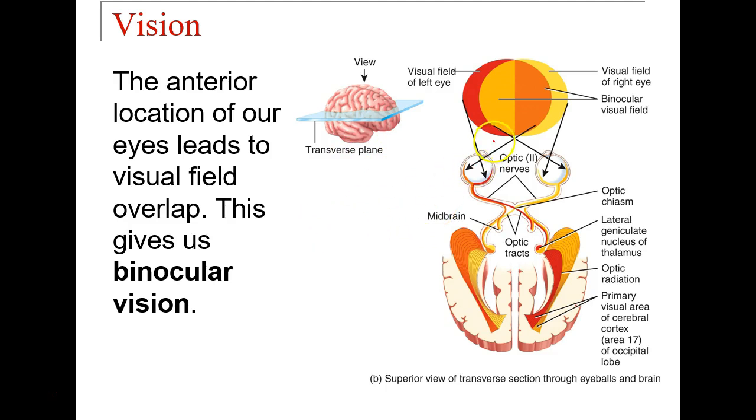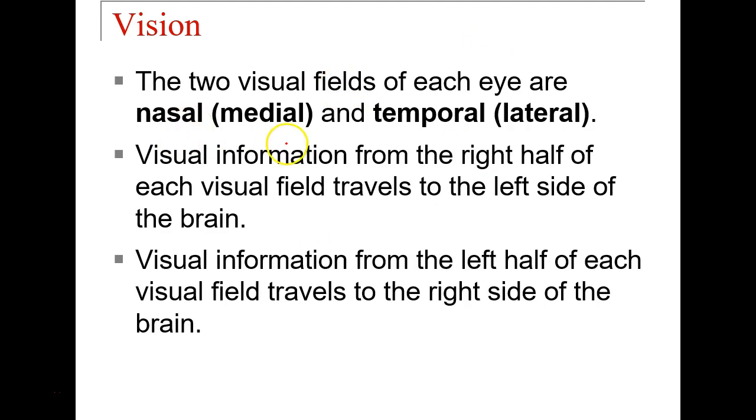By this, we see 2 visual fields that cross each other. So we have a medial and lateral, or temporal and nasal fields. So the right half of each visual field travels to the left side of the brain. Visual information from the left half of the visual fields travel to the right side of the brain.